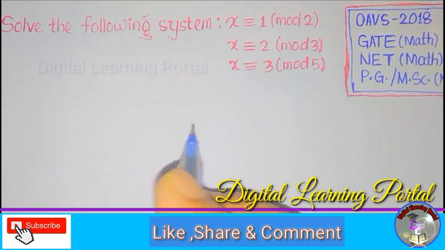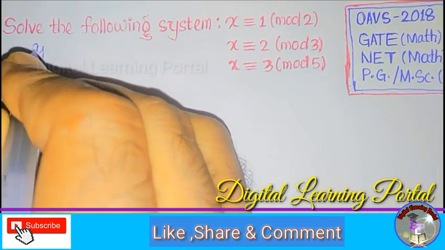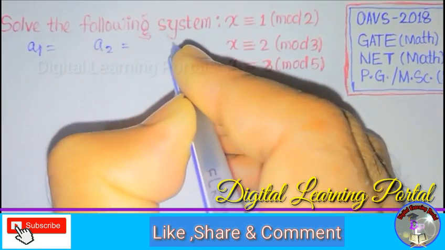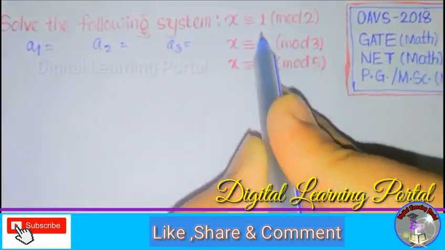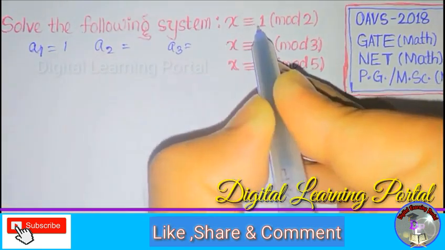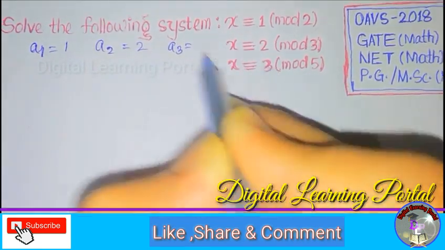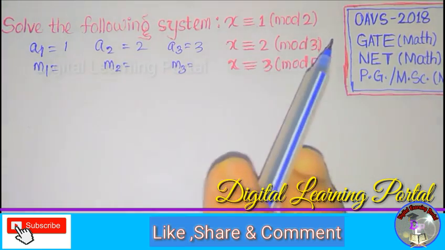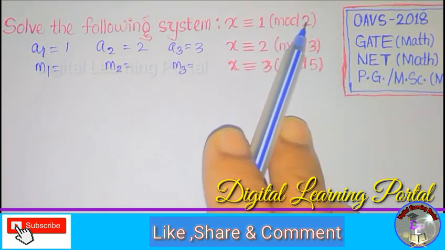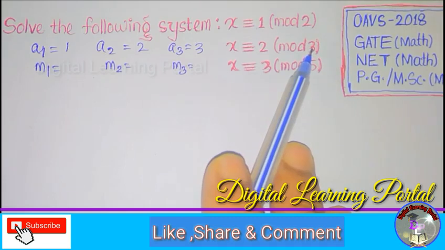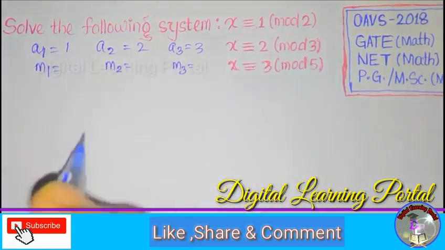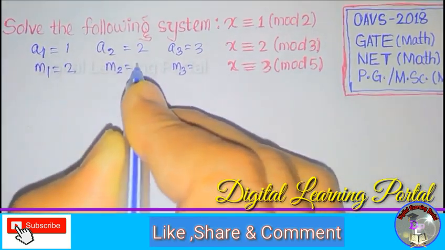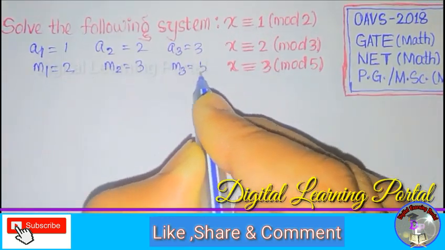First we write a1, a2 and a3. Here a1 is equal to 1, a2 is equal to 2 and a3 is equal to 3. And here m1 is equal to 2, m2 is equal to 3 and m3 is equal to 5.